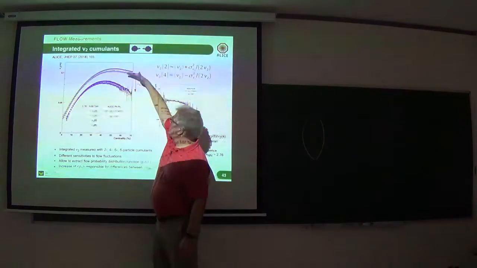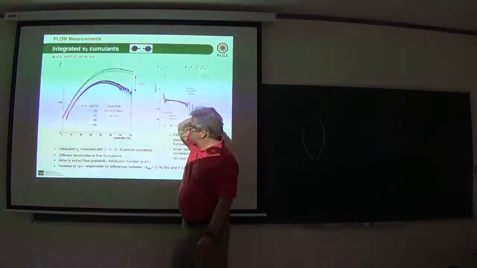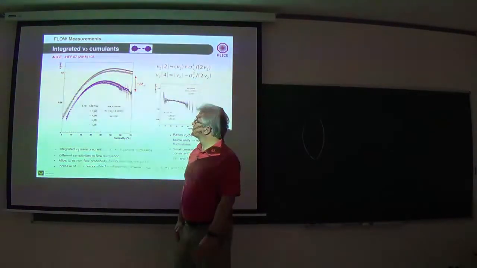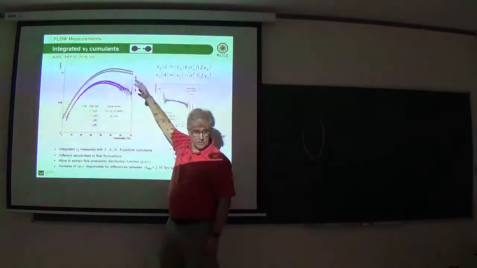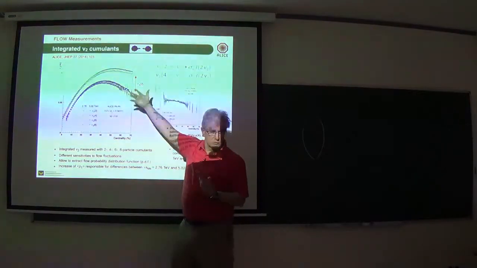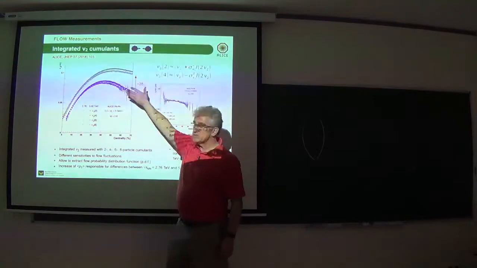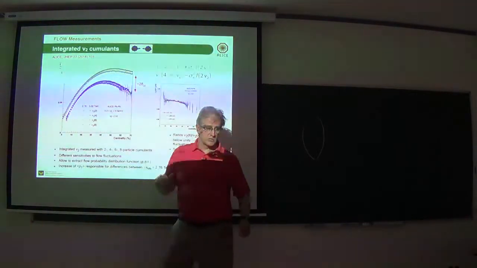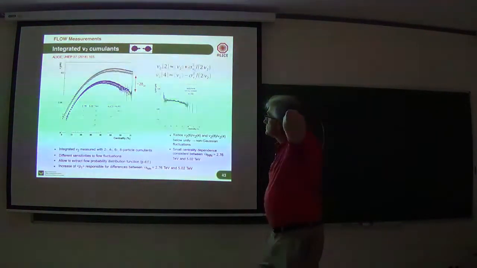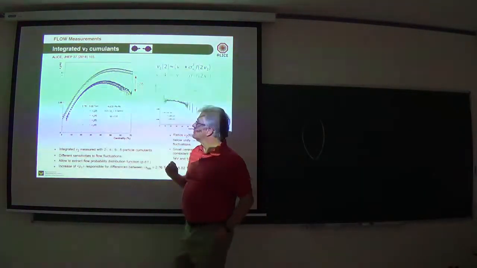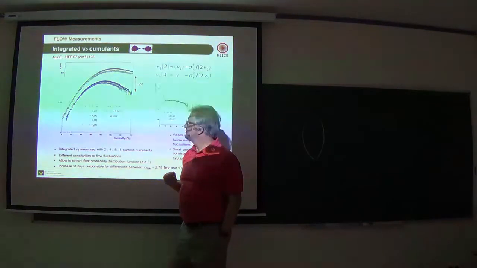There's a big difference between the two sets, and I'm not going to be able to do justice to the argument, but we have convinced ourselves that this gap is associated with flow fluctuations, because flow fluctuations are really suppressed when you look at V4, V6, and V8.